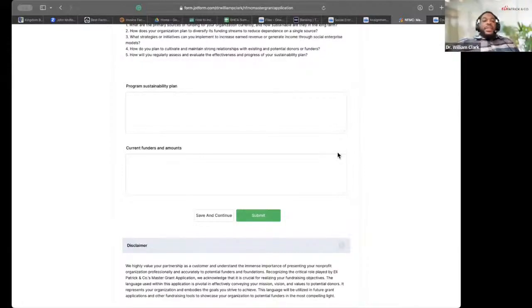Right. So I think that's the best way to think about it and approach it. The other way to think about it too is if you have partners at the table that you're bringing on this project, their secured and pending applications count towards the sustainability of this project too. All right. Does that help?